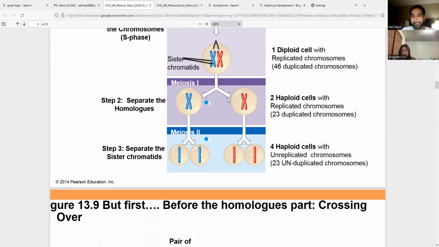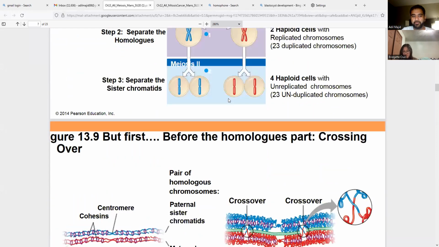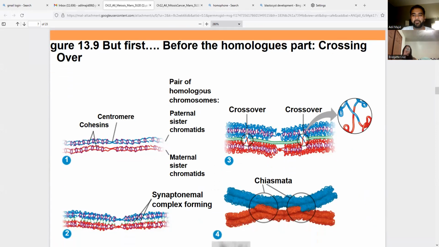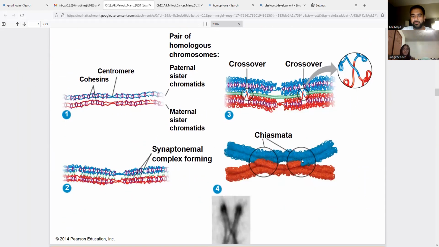All this makes sense, right? Yeah, exactly what we just did. But first, before the homologous part, crossing over, that's exactly what we talked about.